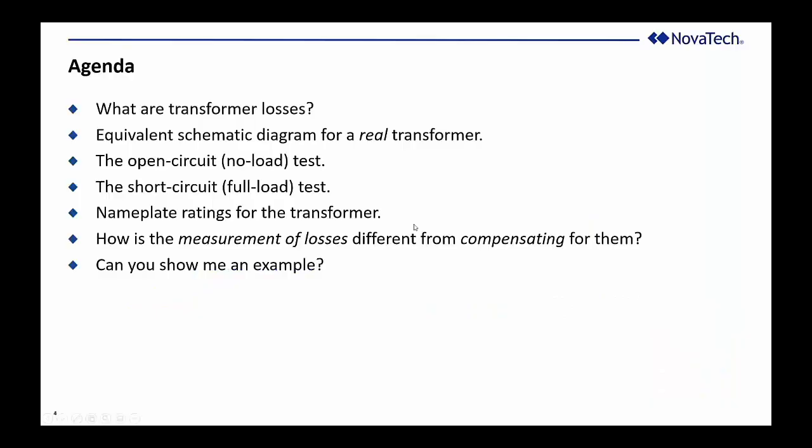Okay, so some of the topics I thought we might concentrate on are, we'll talk about what constitutes transformer losses. I will introduce an equivalent schematic diagram for a real transformer, which facilitates circuit analysis. I'm sure everybody's going to love the number crunching that we're going to be doing.